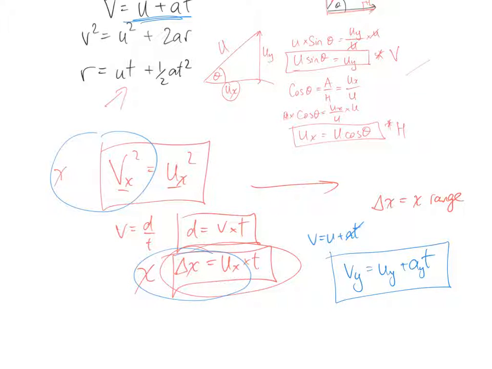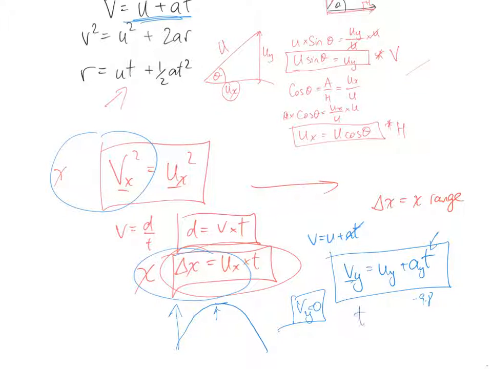And this one's very good. It gives us often time of flight, maybe to the top of a motion, because at the top Vy is 0. The top of the motion of an object, it stops in this direction, so Vy becomes 0. Uy is often easy to calculate, and acceleration is often minus 9.8 if you're going against acceleration to begin with.